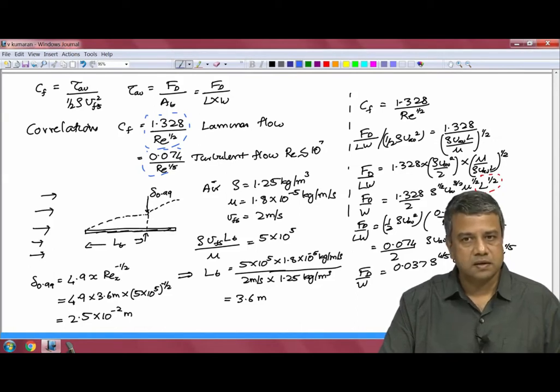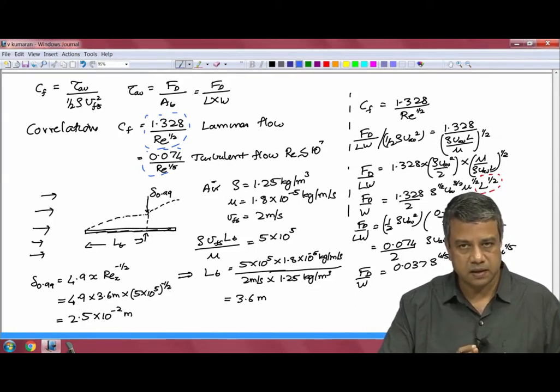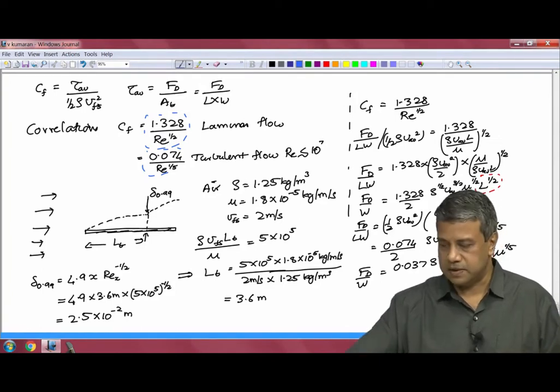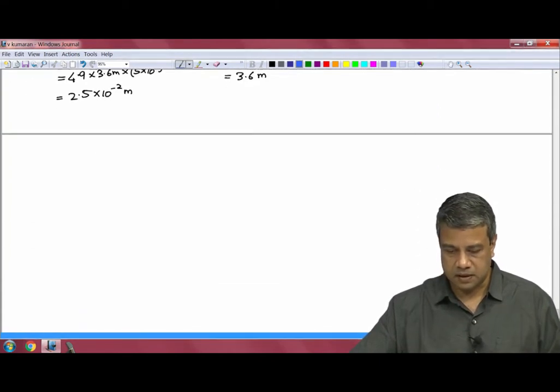So, in each of these cases, we had a clear distinction between two very characteristic types of velocity profiles, the laminar and the turbulent flow.